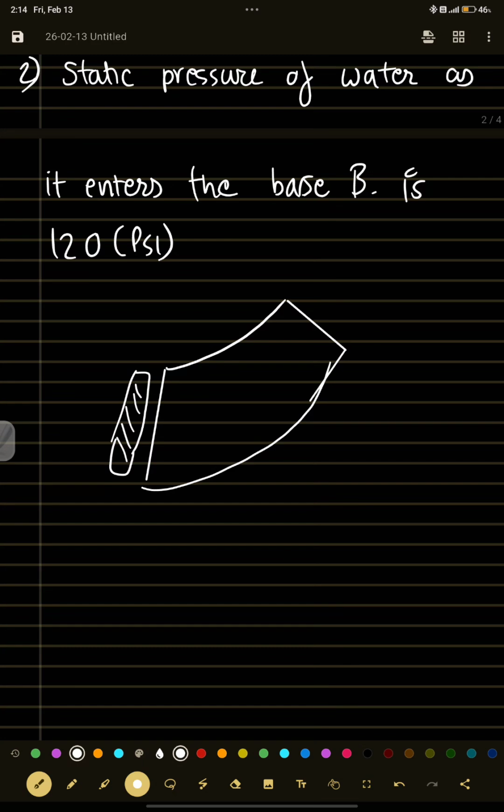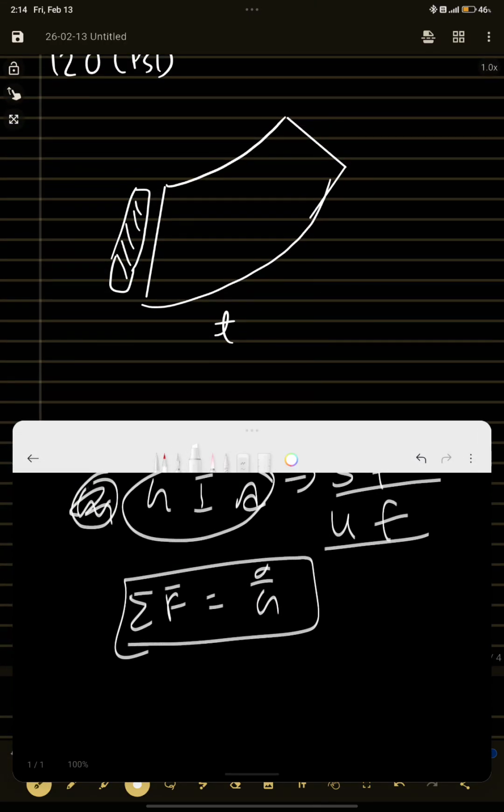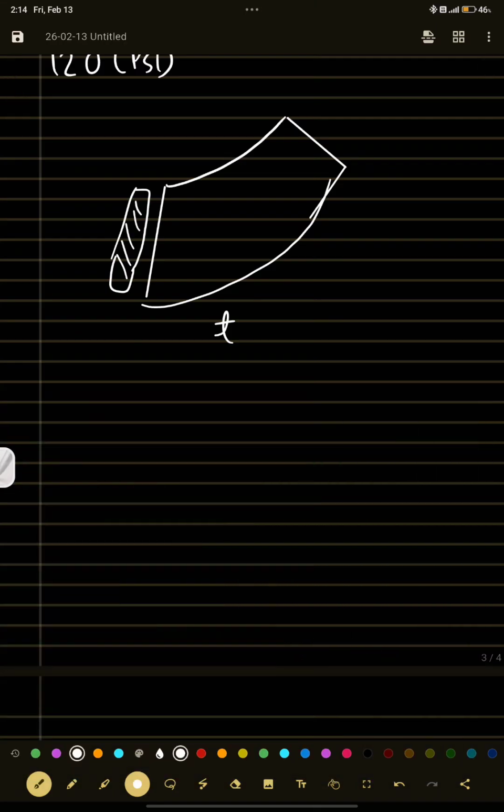At instant of time t, we assume that this packet of mass delta mi is entering. This is the mass of the entire system, including the container and all the fluid particles.